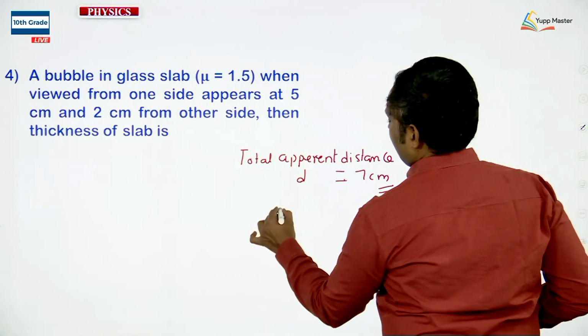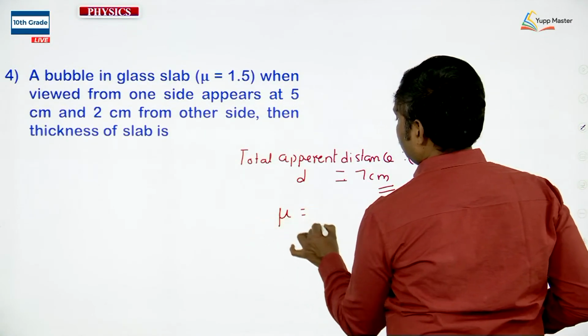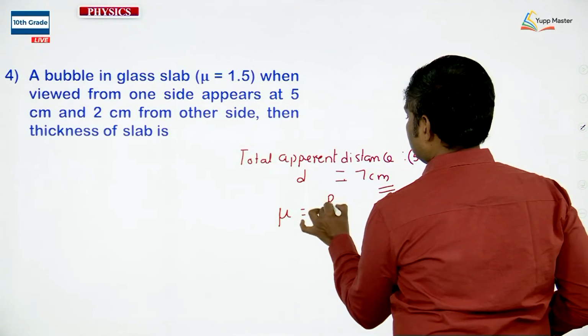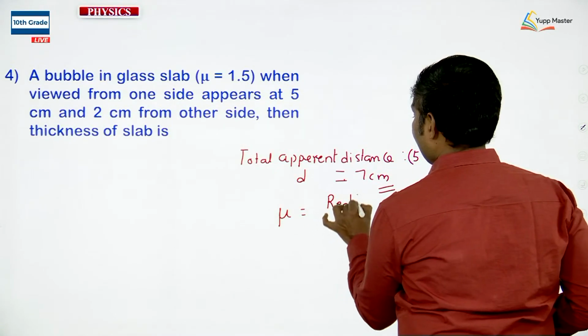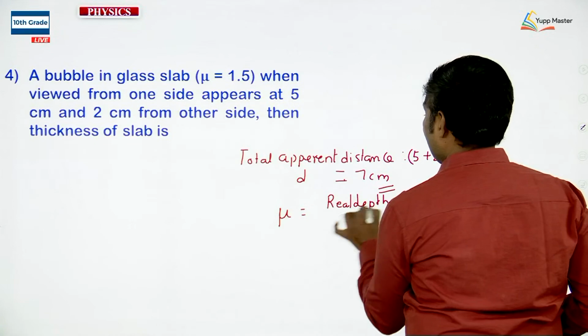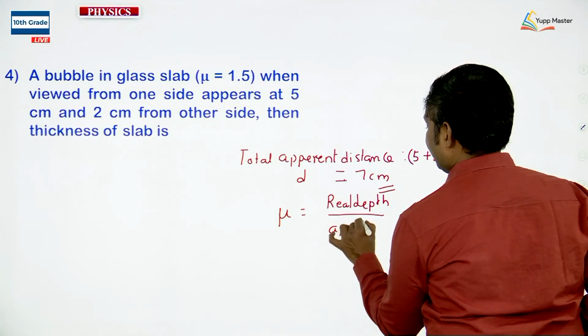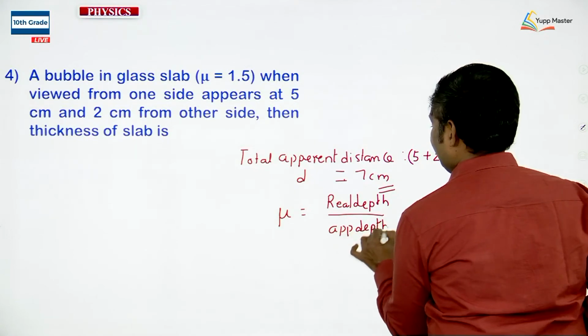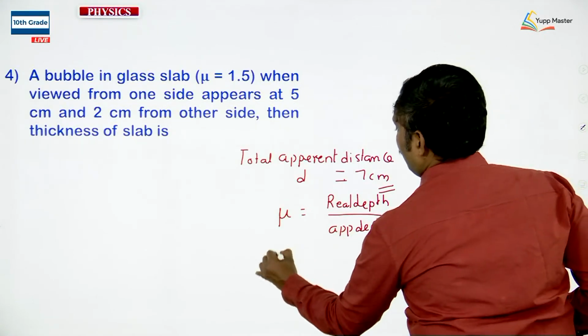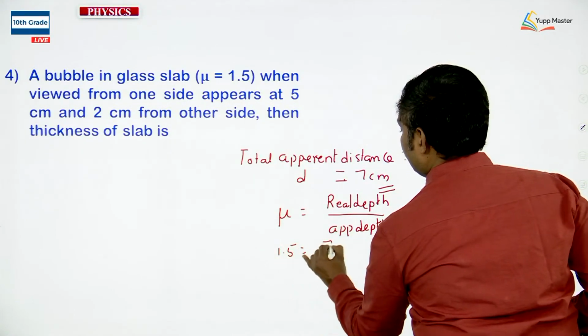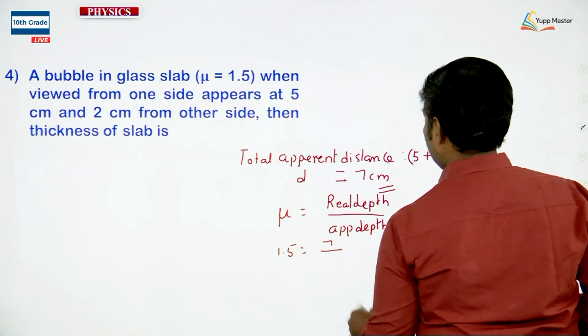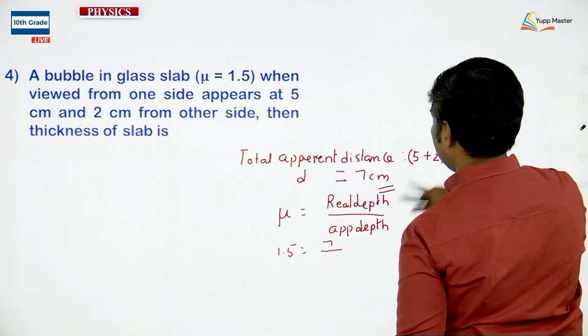Now, using the relation mu is equal to real depth by apparent depth, 1.5 is equal to T by 7.